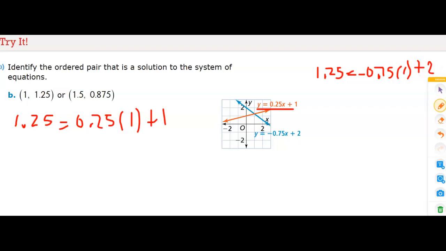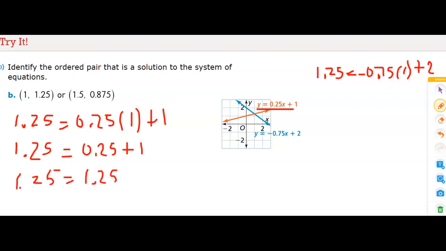Okay, so 1.25, my handwriting is not the best on here. Okay, 0.25 times 1 is still 0.25 plus 1. And then 0.25 plus 1 is 1.25.